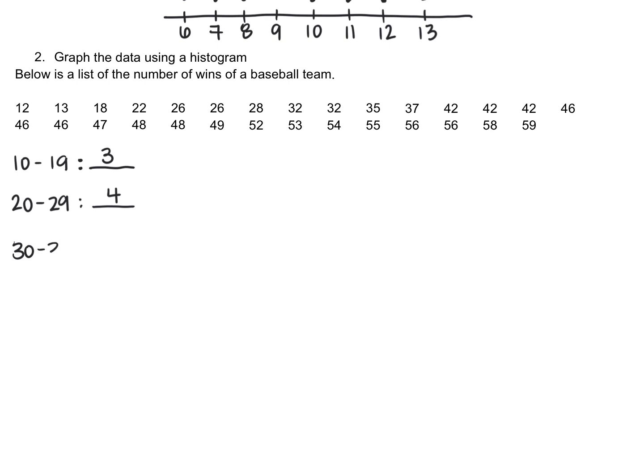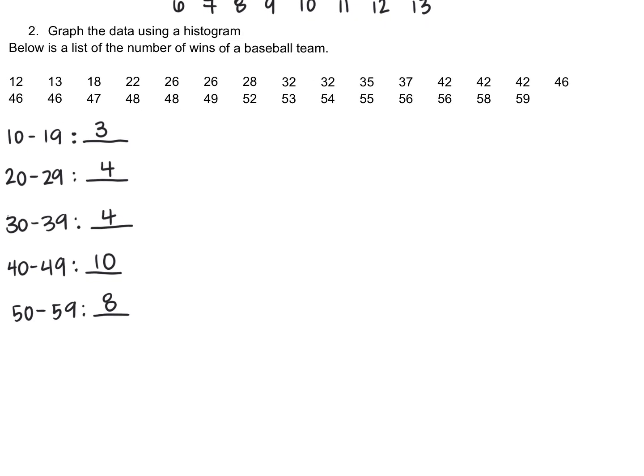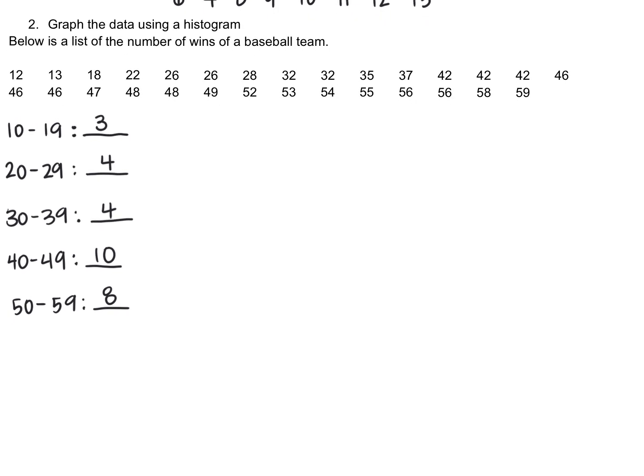Then we'll have 30 to 39, 4 as well, 40 to 49, there are 10, and then we'll have 50 to 59, and there are 8. So that's the first step, is to figure out what your bins are going to be, to find your intervals, and figure out how many numbers fit in that interval.